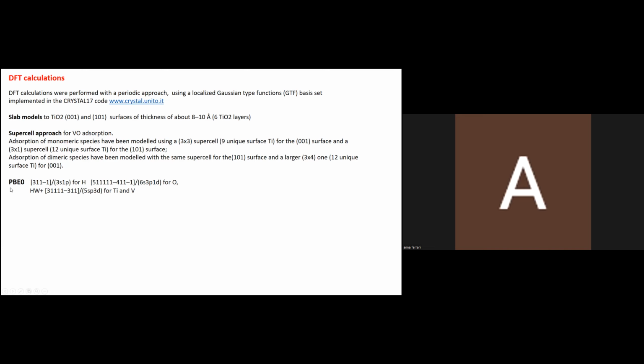I use the PBE0 functional, a hybrid functional that is commonly known to reproduce geometry and energetics in a satisfactory way, with a good basis set of triple zeta quality.